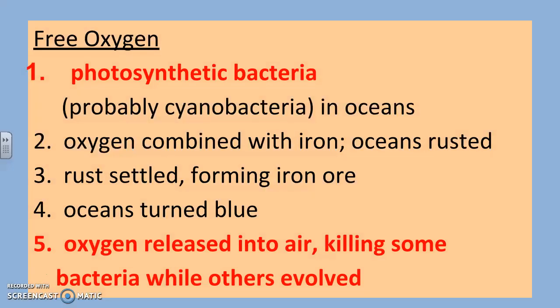Now, the first living things were prokaryotes, and they had to be photosynthetic, meaning they were able to convert those gases in the early atmosphere into oxygen. And so that oxygen combined with iron, and so you had the oceans that rusted, the rust settled, it formed the iron ore, oceans turned blue, and then the oxygen was released into the air.